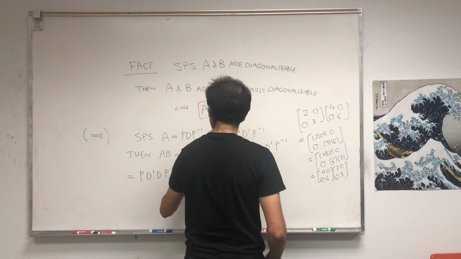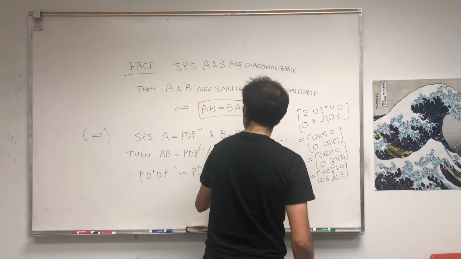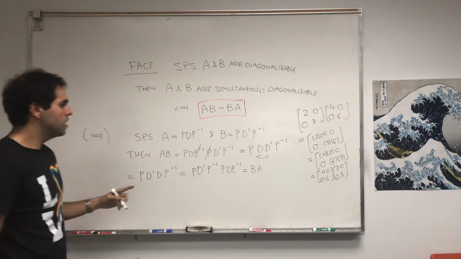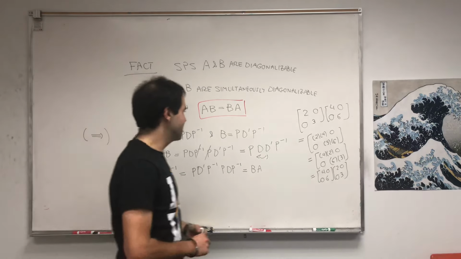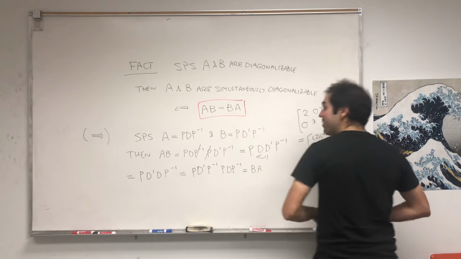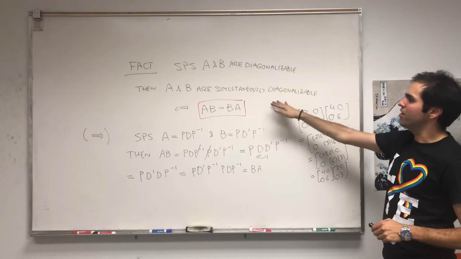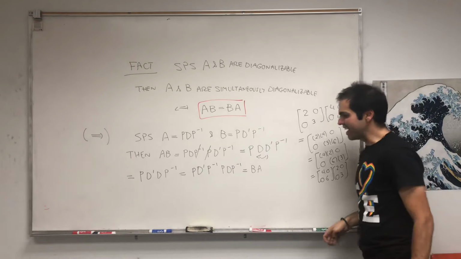So that's PD prime P inverse times PDP inverse, and that's BA. So in other words, commuting is a necessary condition for being simultaneously diagonalizable. And now let's show the non-obvious part, that if they commute, then they're simultaneously diagonalizable.